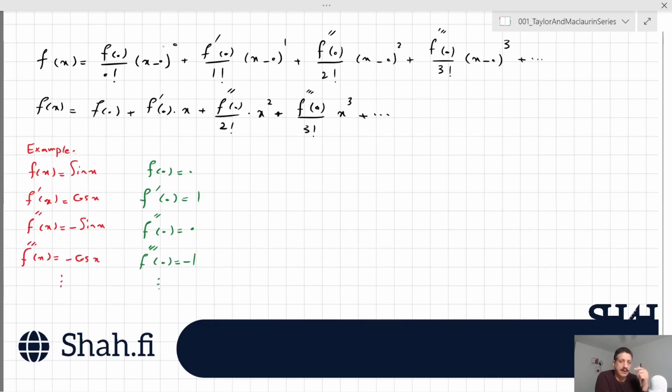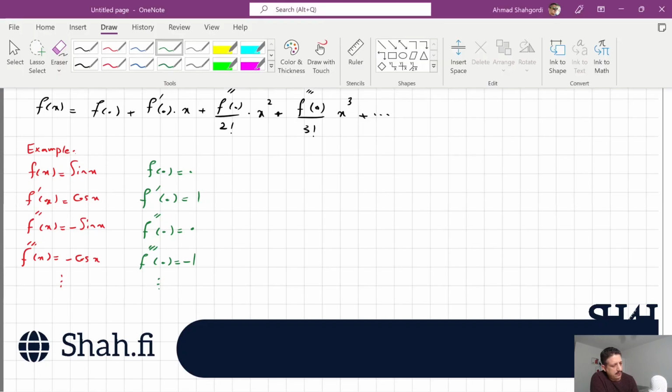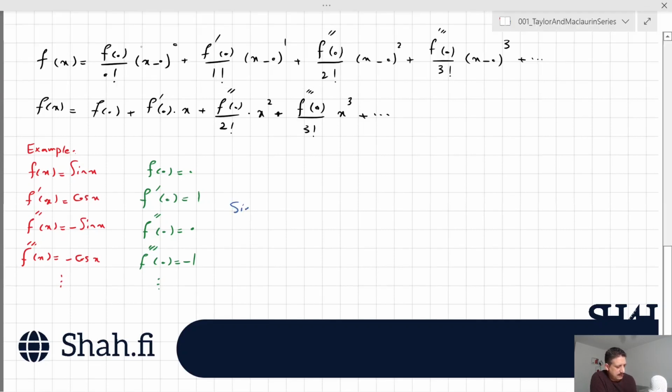Every other one, because sine will appear, will be 0, and every other one will be 1 or minus 1 because of cosine. Now we can write that sine x can be written as f(0), which is 0, plus 1 times x plus 0 times x squared plus minus 1 divided by 6 times x cubed, and so on.